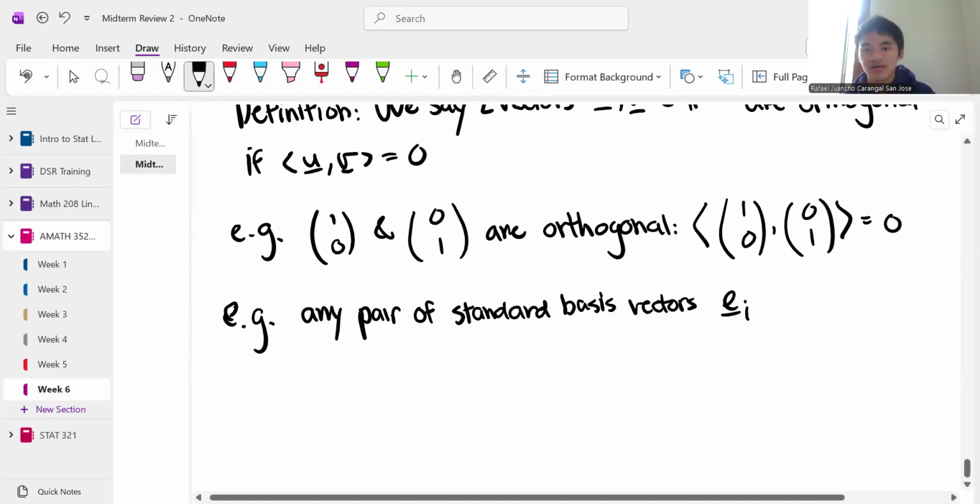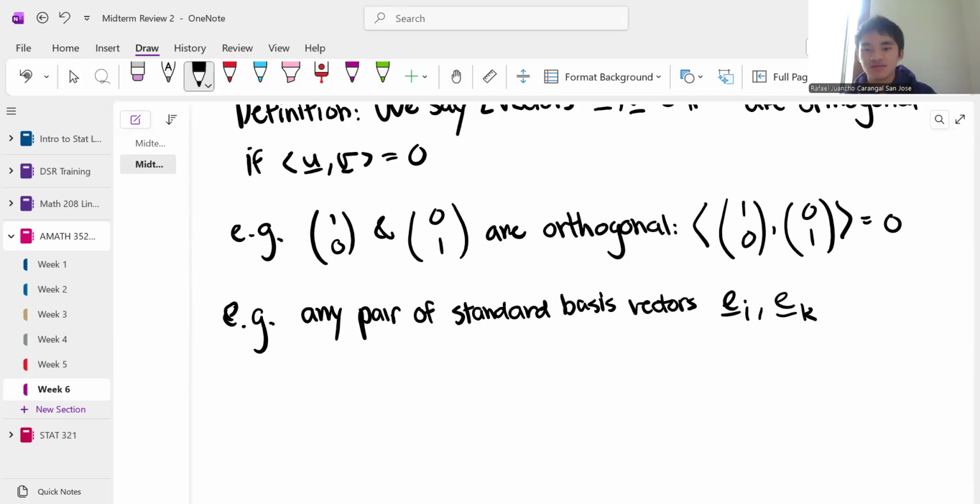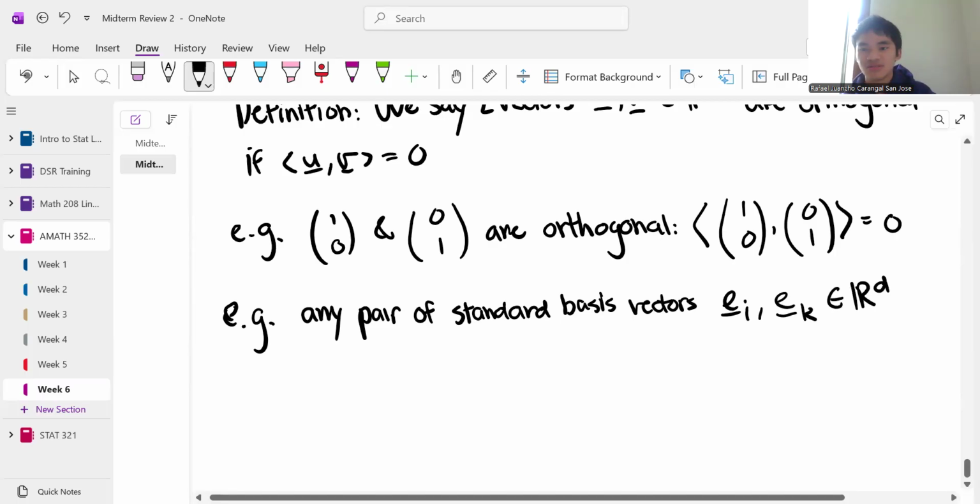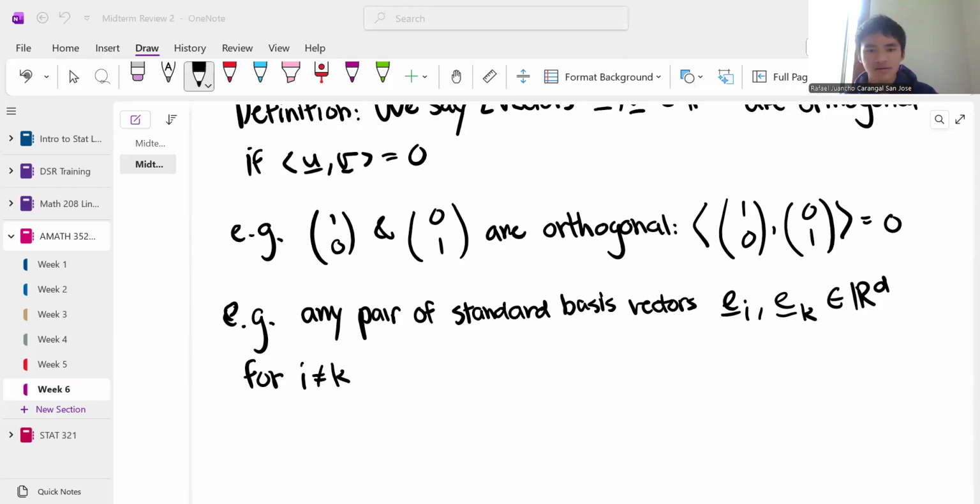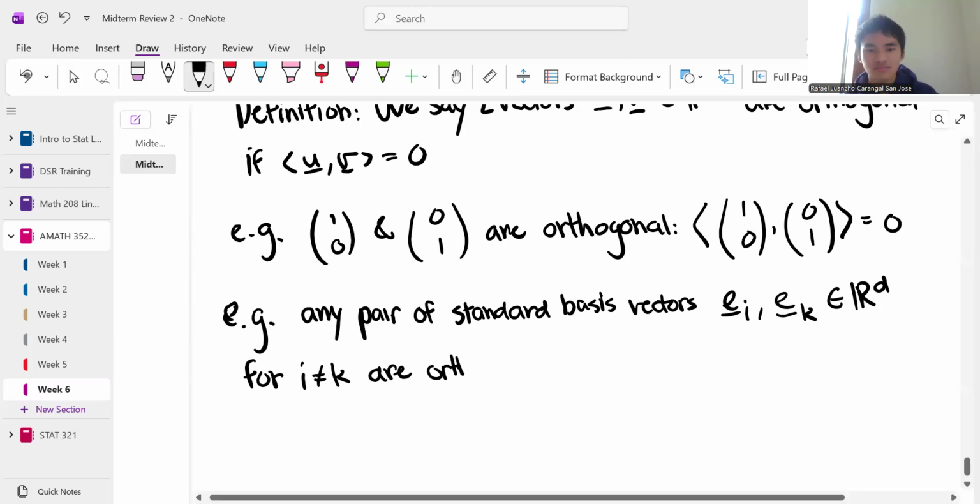So we do e to the i and e to the k, that is, both are in d dimensions, for, let's say, i not equal to k, are orthogonal.